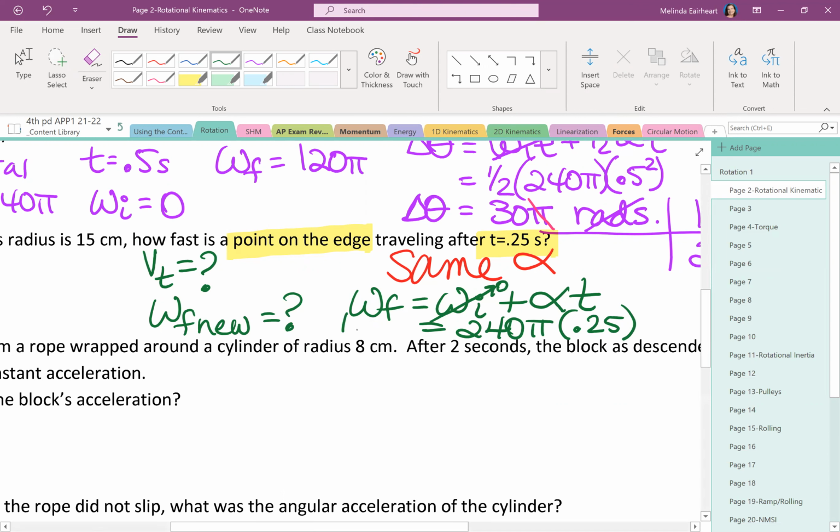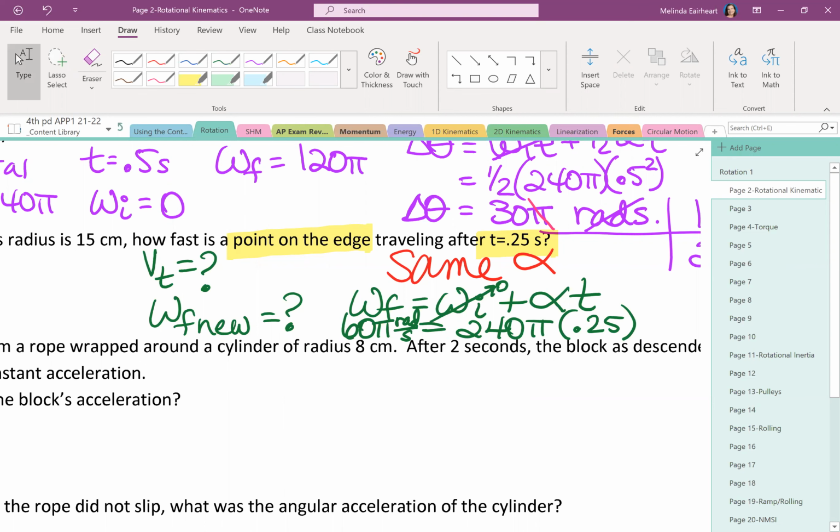And I'm going to keep that pi. And so our new final angular velocity at 0.25 seconds is 60 pi radians per second. Not our final answer. Are we good with that though?